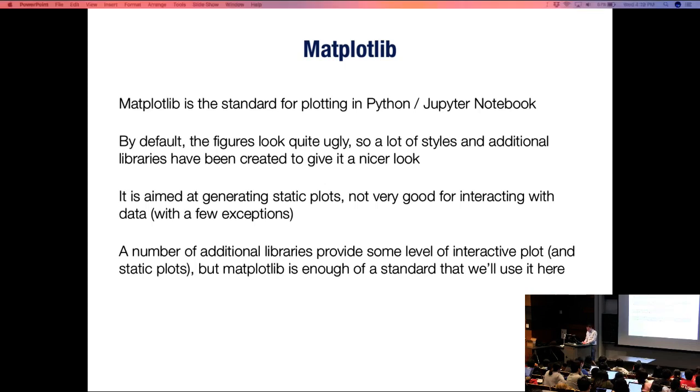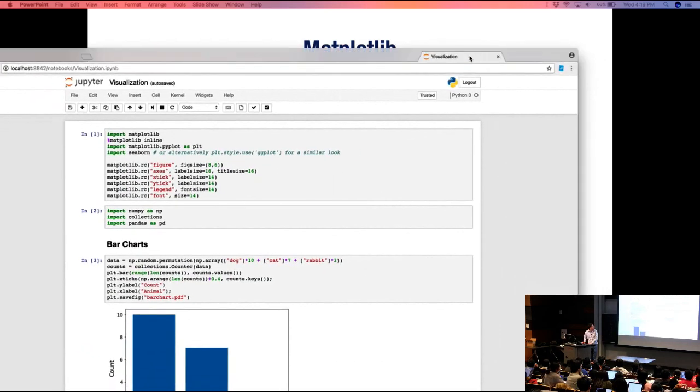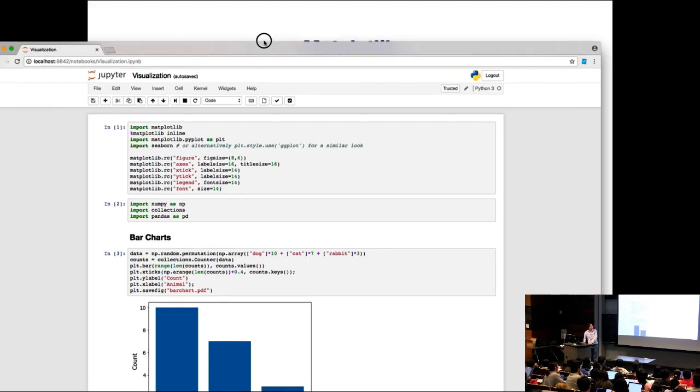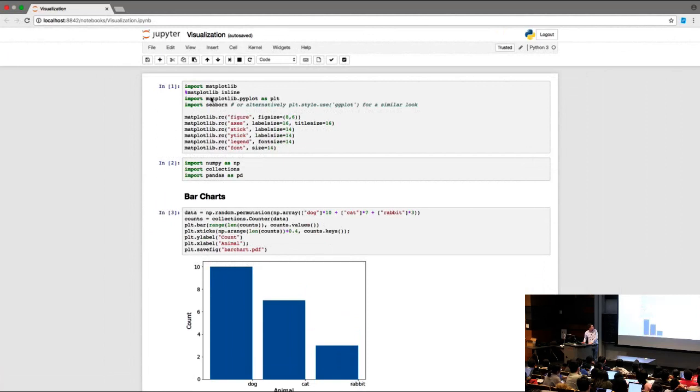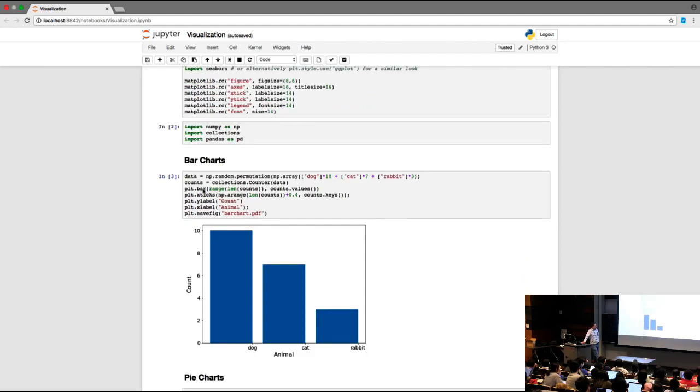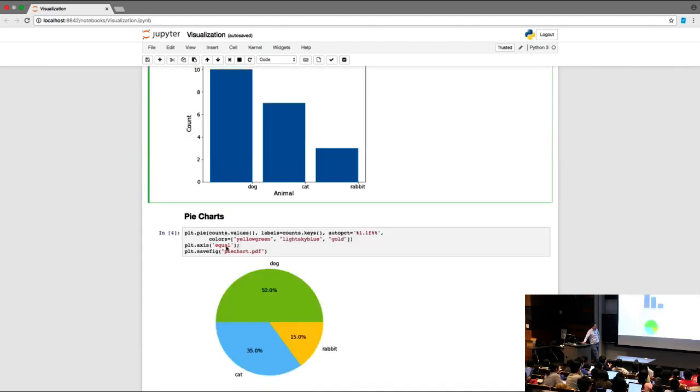If you give me 1 minute right now, I just want to highlight the fact that all the figures I had there are easy to create in Matplotlib. Here's a Jupyter Notebook where I import Matplotlib. This is just a bunch of boilerplate that you can use or not. But then you can do things like bar charts with plot.bar, pie charts, but I should not even tell you this command.